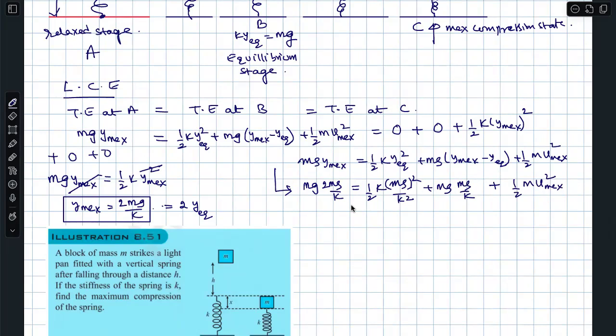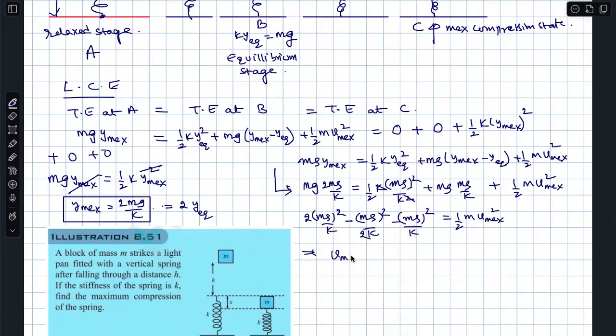So please carefully try to do all these things. So what is going to happen? 2 times mg square by k minus mg square by k minus mg square by 2k here. So this is half m v maximum square.